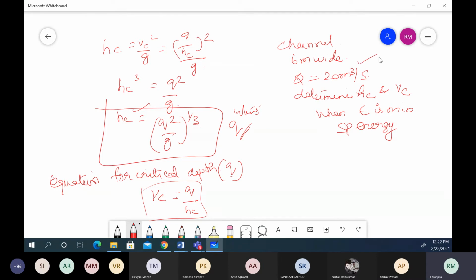You know Q, you know B is equal to 6 meter. Now what is discharge per unit width? Small q is equal to Q by B. Find small q. HC is equal to q square by G whole power 1 by 3. VC is equal to q by HC. That's all. You'll be able to find out both. What is the answer?